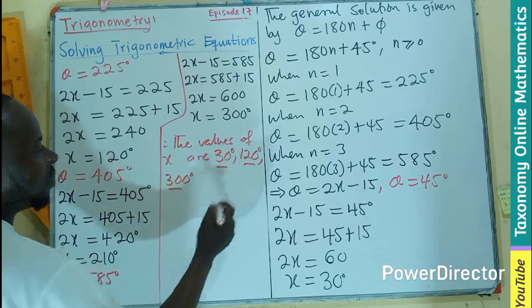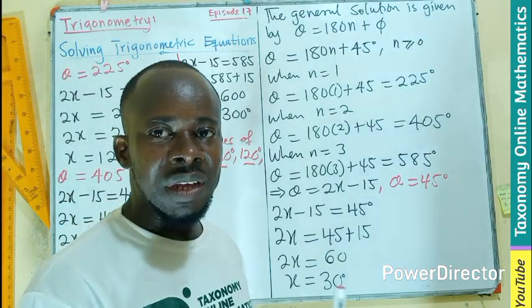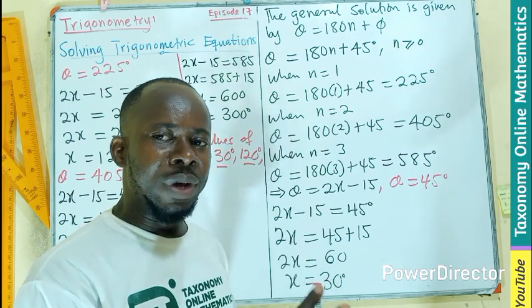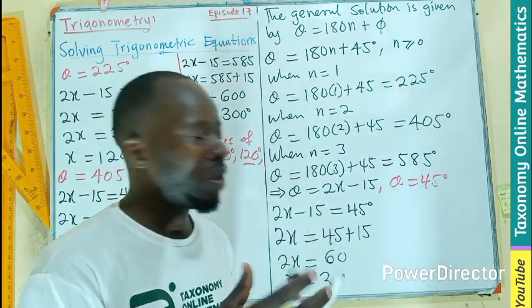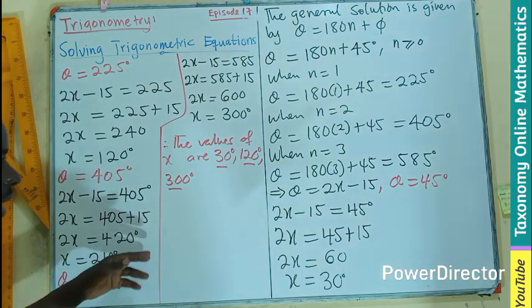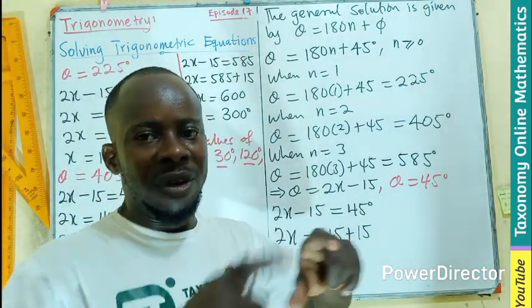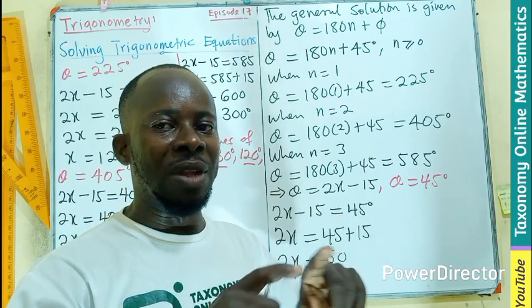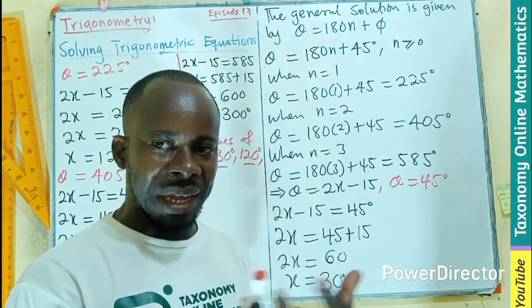So these are the values of x that will satisfy the equation given to us in the beginning. All we need to do is to find the value of x, and the value of x is not alone. Hence, we introduced the theta to take care of that algebraic term, the 2x minus 15, so that we can work with a single angle.